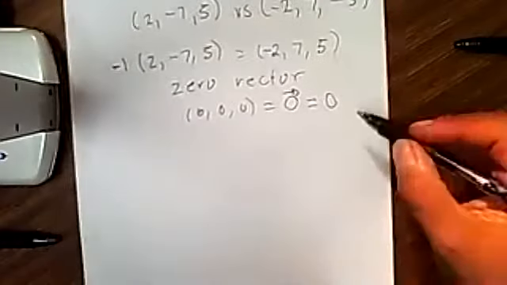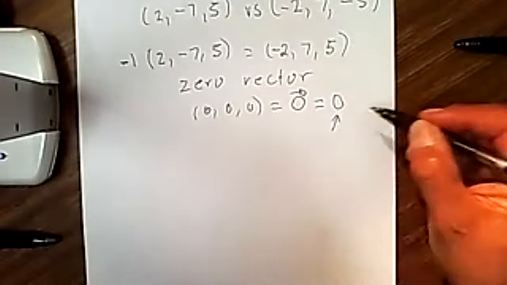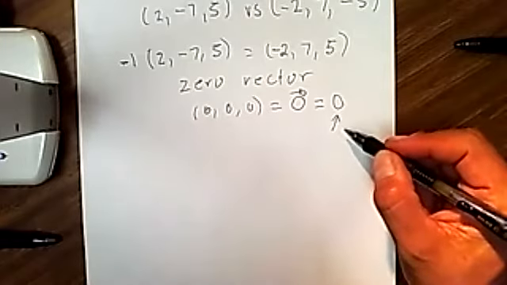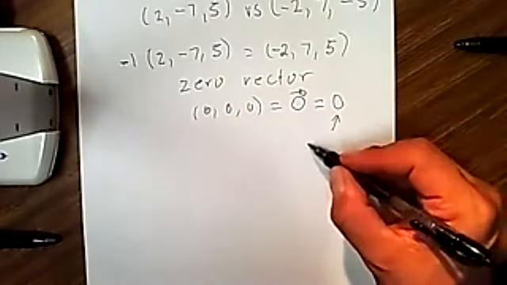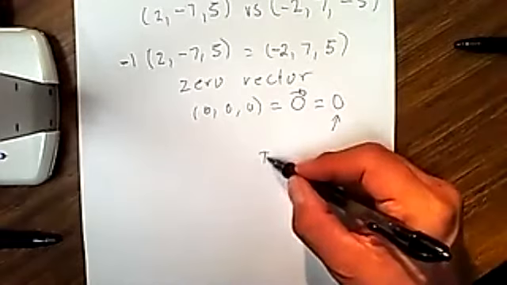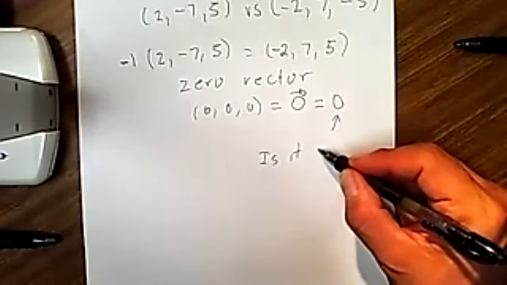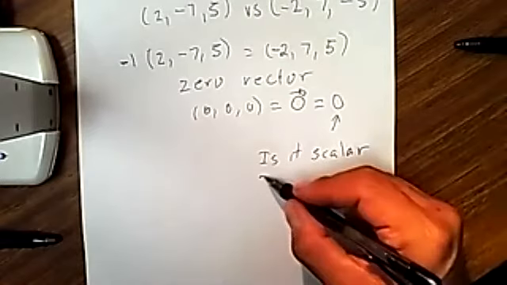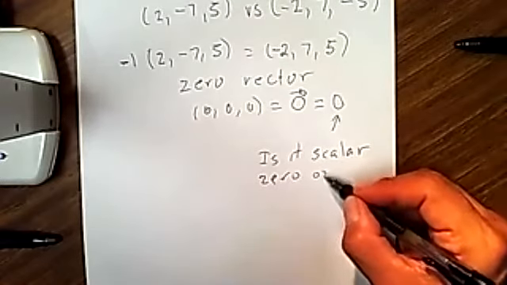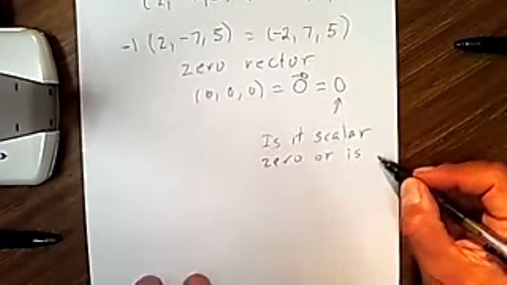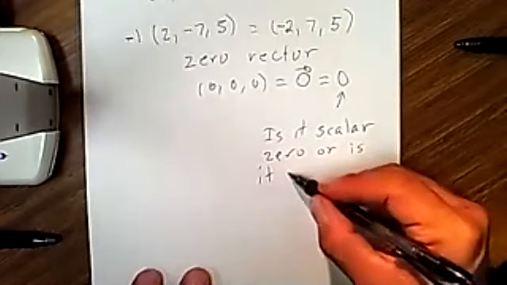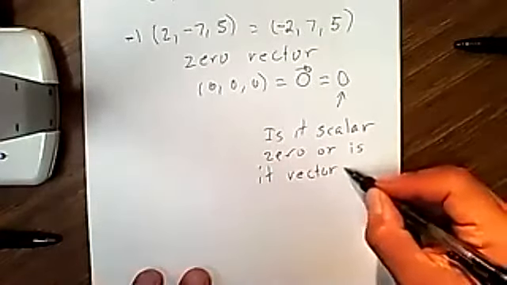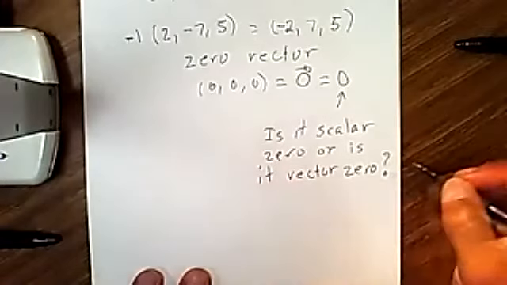So I have to admit, this is confusing, because is it the scalar 0, or is it the vector 0?